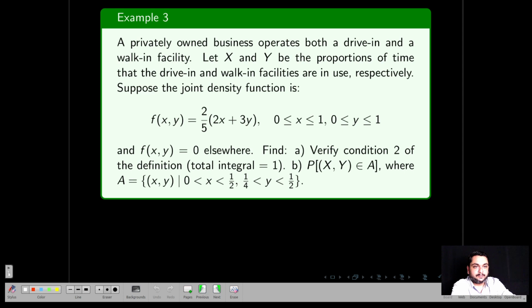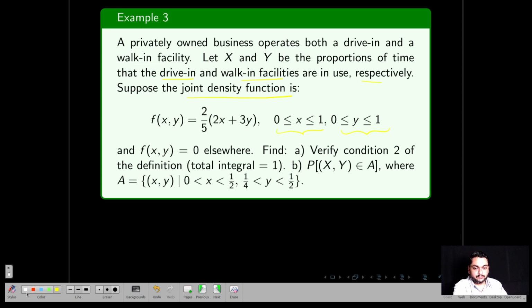Okay. Next, we'll see a simple example. A privately owned business operates both a drive-in and a walk-in facility. Let X and Y denote the respective portions of time that the drive-in and walk-in facilities are in use. Suppose the joint density function is given like this: f of x comma y equals 2 by 5 times (2x plus 3y), and the intervals are given.